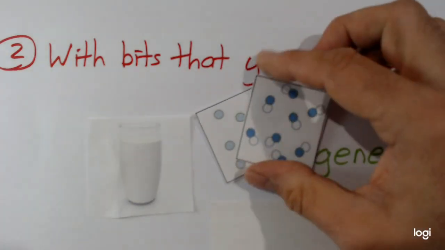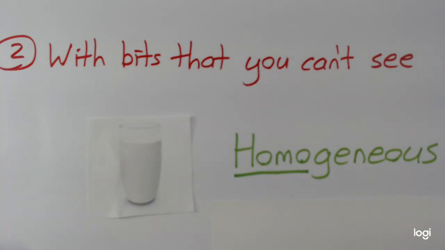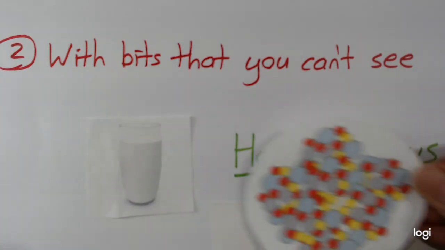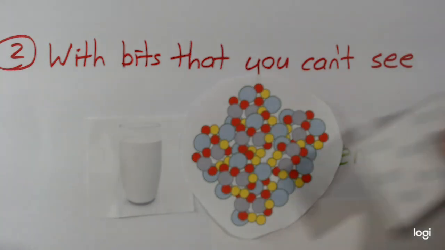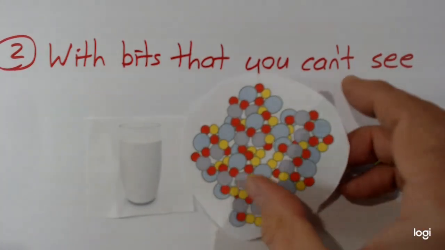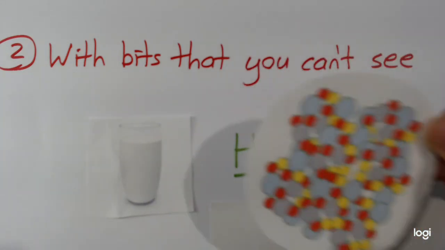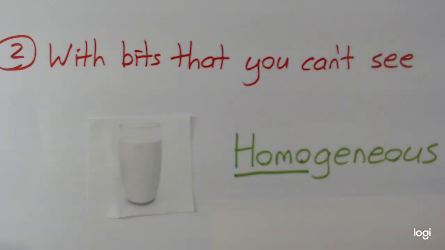Now, if you could see the lumps of fat and the lumps of stuff floating in the water in milk, they wouldn't look like that. They look a little bit like this, okay? So they're not single particles all spread out apart from each other. They're still great lumps of stuff, but that is still microscopic to our eyes, so we can't see it. That sort of mixture is a suspension. Lumps that are too small for us to see, but they're not entirely separated.